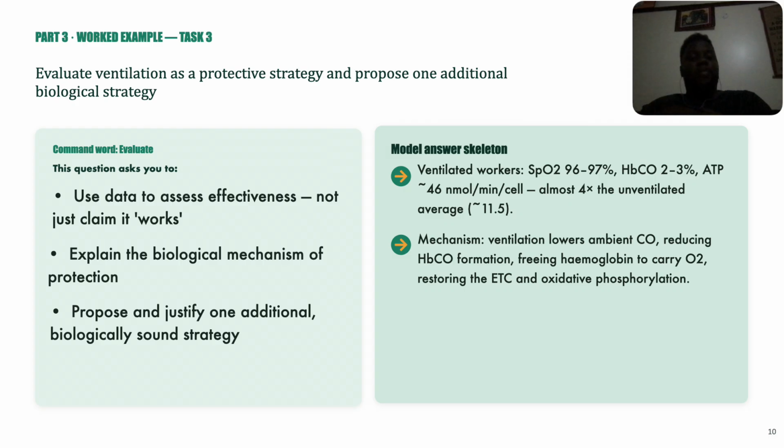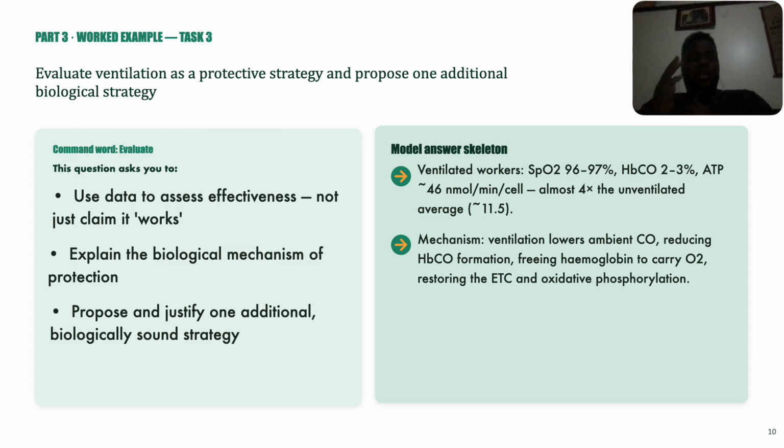When we have proper ventilation, carbon monoxide reduces, which reduces competitive inhibition and carboxyhemoglobin formation, which frees up hemoglobin to carry oxygen, restoring the electron transport chain and oxidative phosphorylation. You're providing that information to us as a mechanism, as a why.